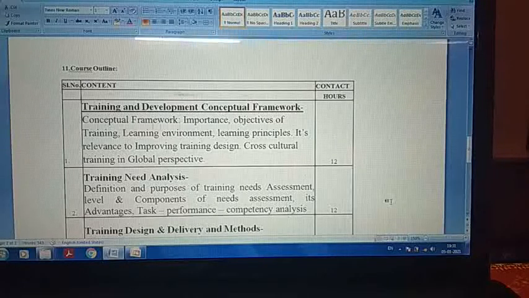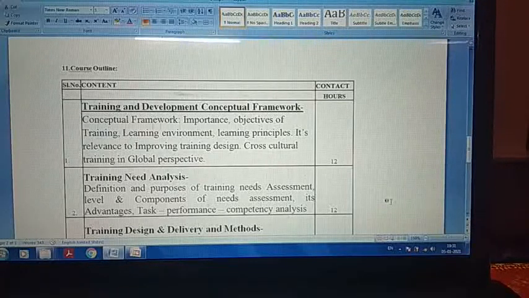There are basic principles of learning which should be adhered to in order to train somebody. Then its relevance to improving training design, right? Now here we are talking of learning principles that will help in improving training design, that is designing a training program. So learning principles are to be applied while we are designing a training program.